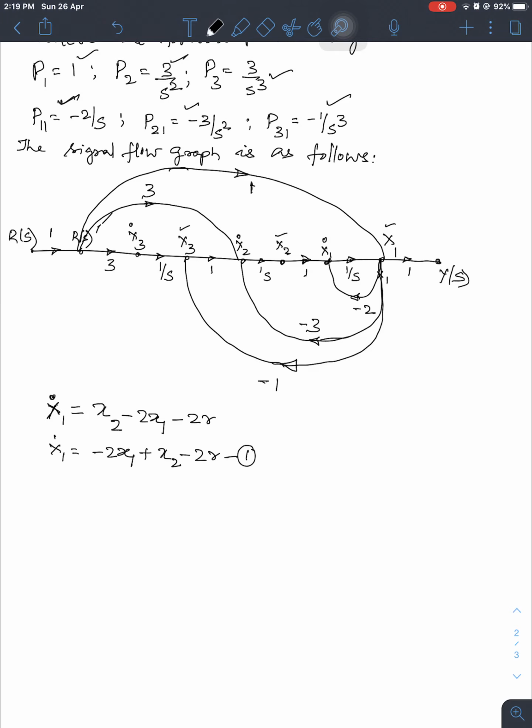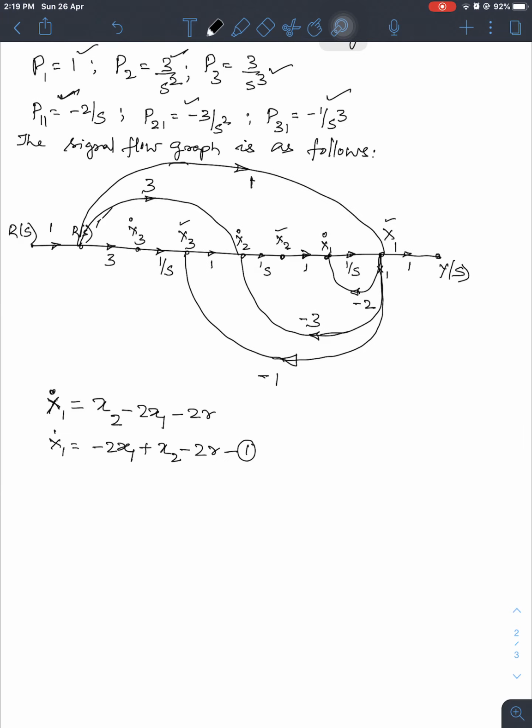Okay, now we will concentrate on the other node, that is x2 dot. In this node, what are the various input signals? One signal is here, that is x3, then you have one signal from x1, that is minus 3x1.